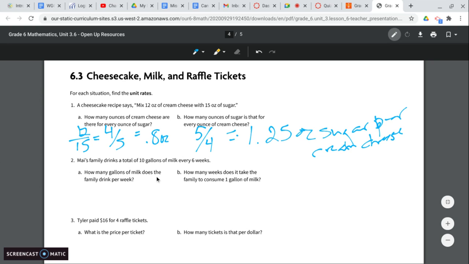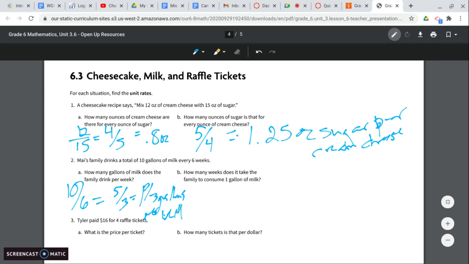How many gallons of milk does the family drink per week? So week is the one we're dividing by. So 10 divided by 6, which gives us 5/3, which is 1 2/3 gallons of milk per week.